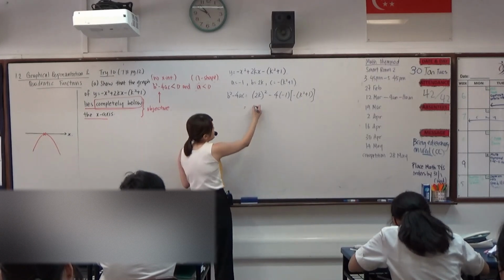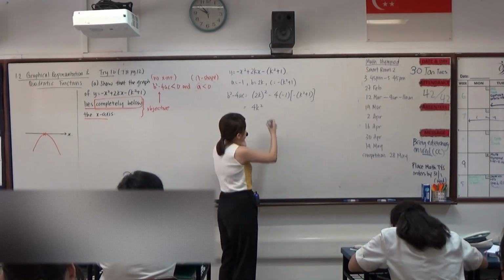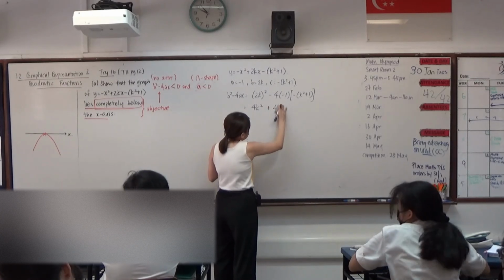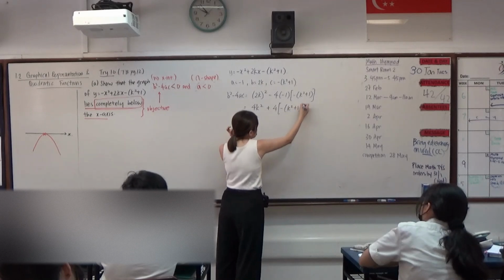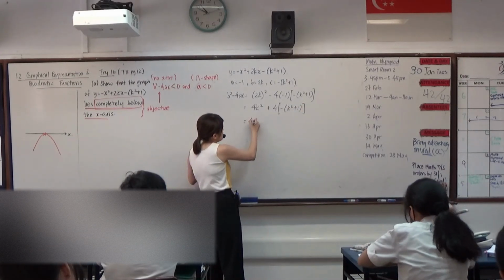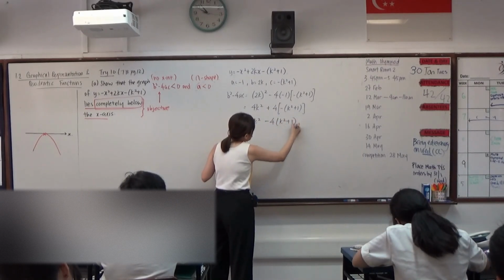Upon simplification, we get 4k squared. To expand this, we will get plus 4 first, followed by negative k squared plus 1. You can do it faster if you are able to. I'm just trying to demonstrate it for those that still cannot catch up yet, which is fine.